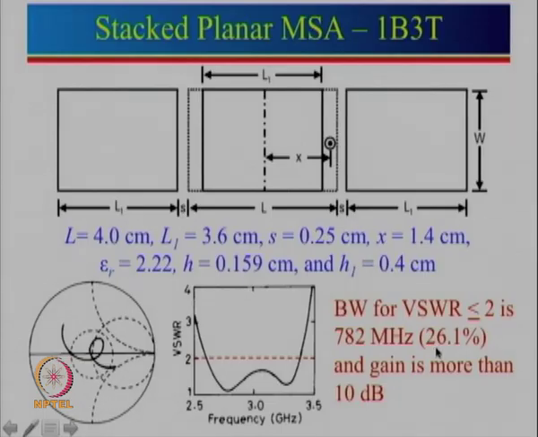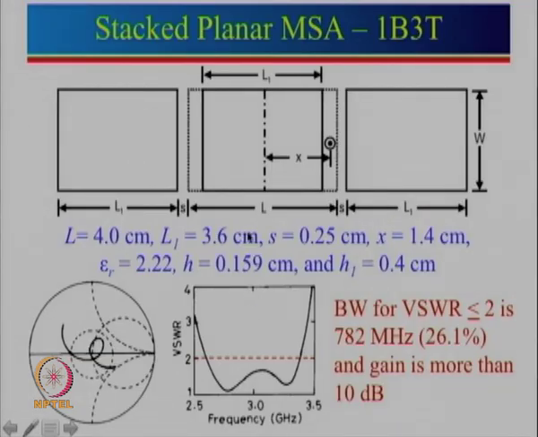Now, this bandwidth is much larger than what we got by using only the planar configuration or only the stacked configuration. Since the total aperture size has now increased, the gain has also increased, and in this case we are getting a gain of approximately 10 dB. And the beauty of this is that the gain variation over the bandwidth is relatively very small.